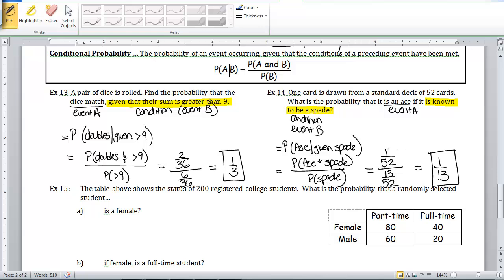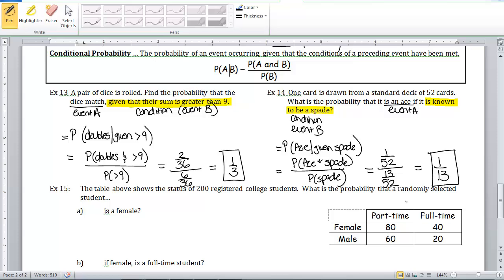So there's only one card that is both an ace and a spade out of a total of 52. But in the denominator, there are 13 spades out of the total 52. Again, either by multiplying by the reciprocal or using your calculator, you should get this to simplify to 1 out of 13. The next 2 examples can be any of the probabilities we've discussed.